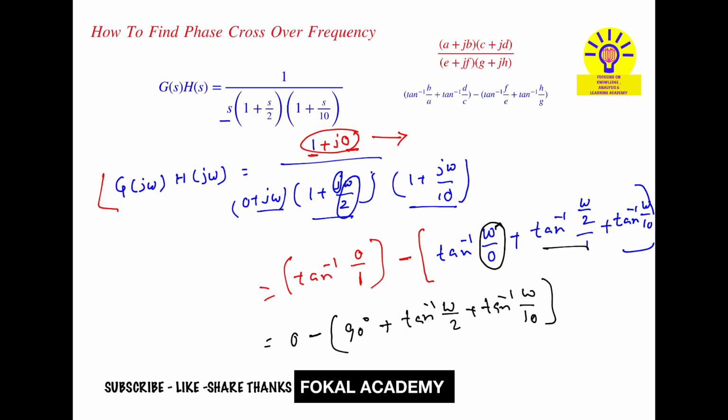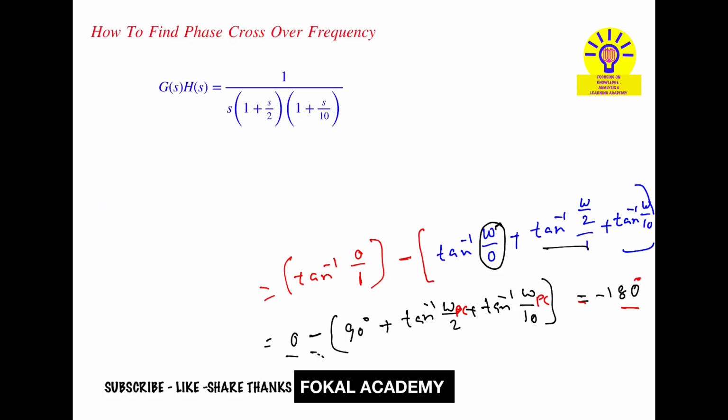That should be equal to minus 180 when omega is the phase crossover frequency, omega pc. At that frequency the phase angle is minus 180. Now equate this. Applying minus to all these terms, it becomes minus 90 minus tan inverse of omega by 2 minus tan inverse of omega by 10, where omega is omega pc, and this equals minus 180.